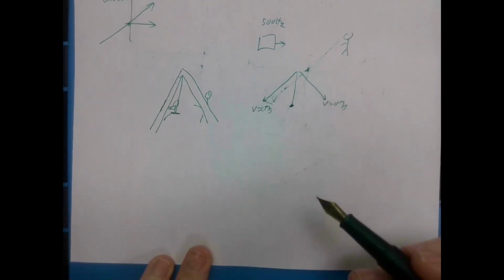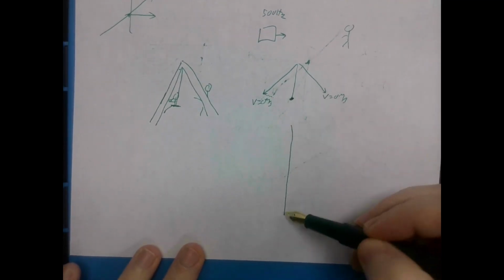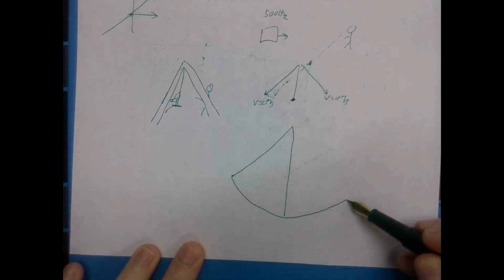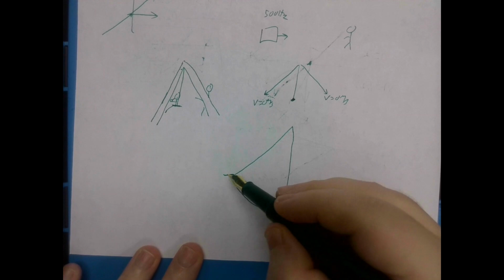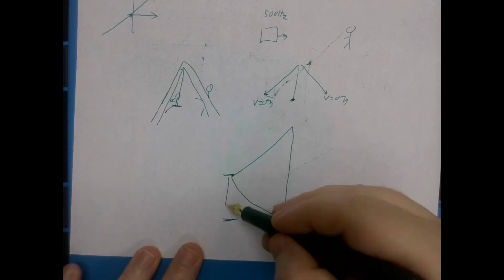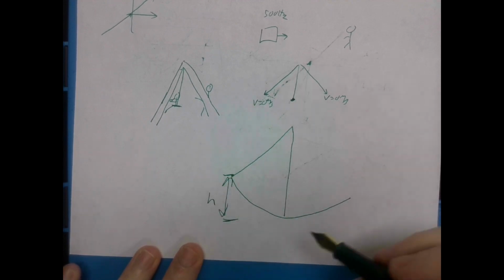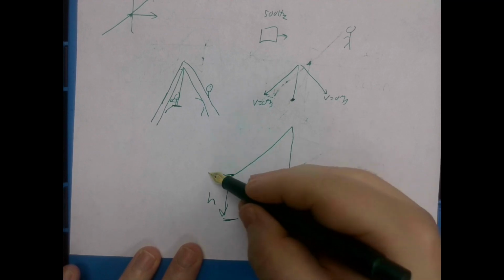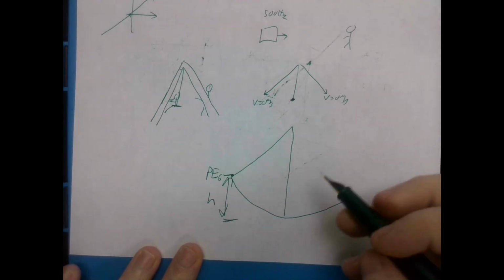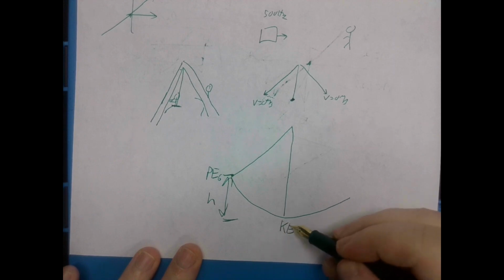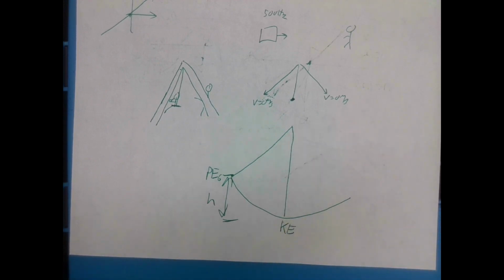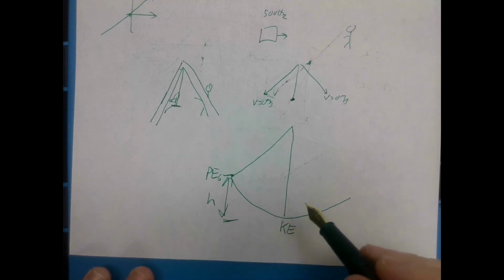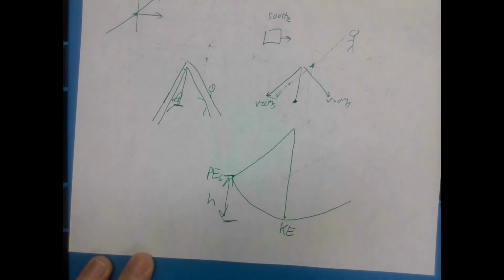Another way of looking at it, let me exaggerate this. This is some height above the lowest point, so he has gravitational potential energy. Down here he has kinetic energy and no gravitational potential energy. So his fastest speed is at the very bottom.